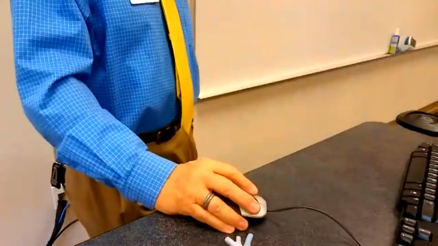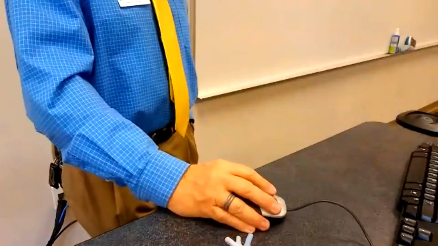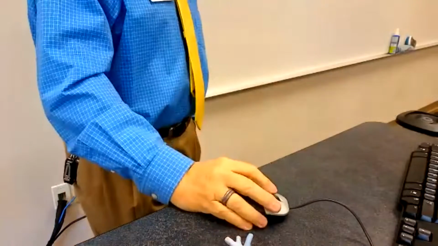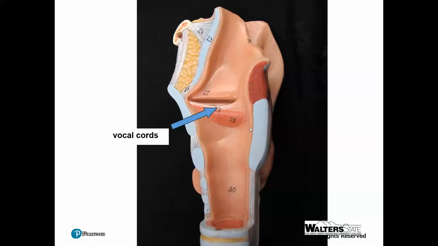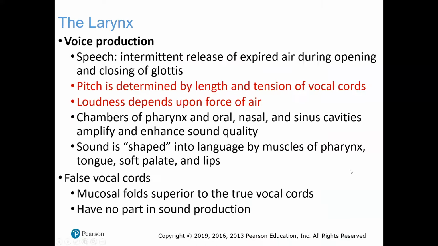Okay, let me get back to this. Now, vocal cords, and now sound. The sound that we make when we speak is because of the movement of air through the vocal cords. They vibrate. How much they vibrate depends on the tension we put in there.